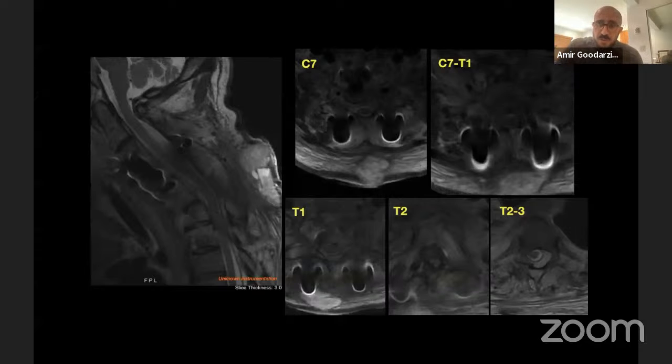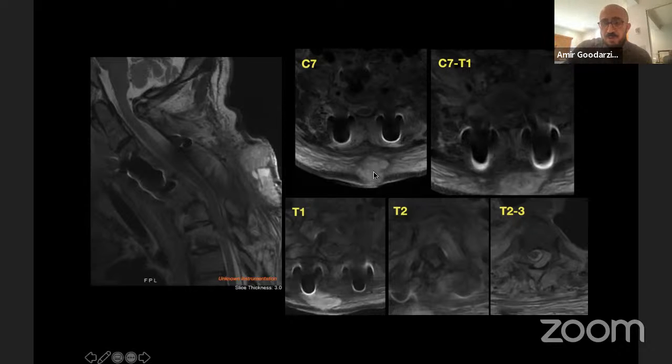An MRI was done at that time as well, which redemonstrates the C7-T1 area of kyphosis and olisthesis. And then you actually see an epidural fluid collection at C7 towards the upper thoracic spine, which was concerning for infection.